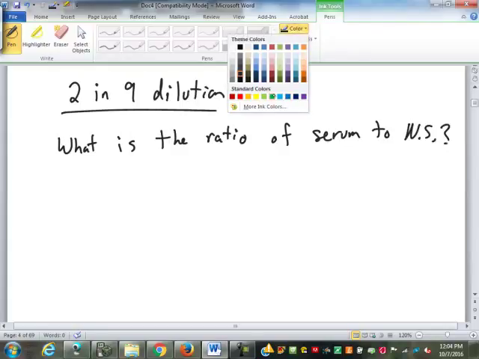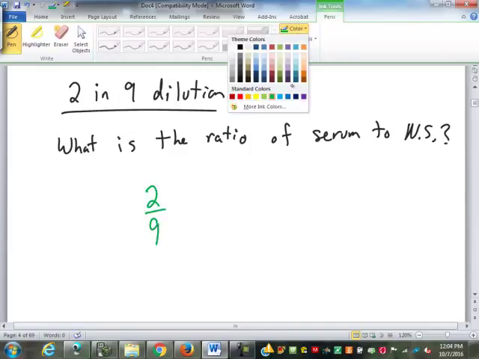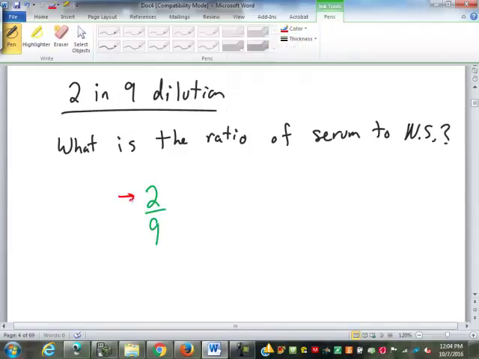Well, I'm going to start out with my dilution. I have a 2 in 9 dilution. What does the 2 represent? Serum. What does the 9 represent? 9 represents total solution.